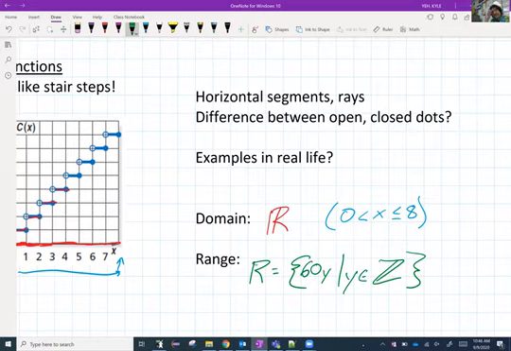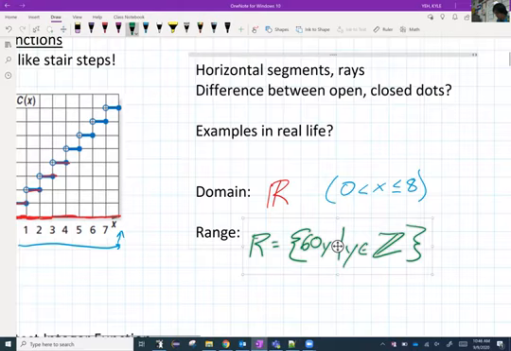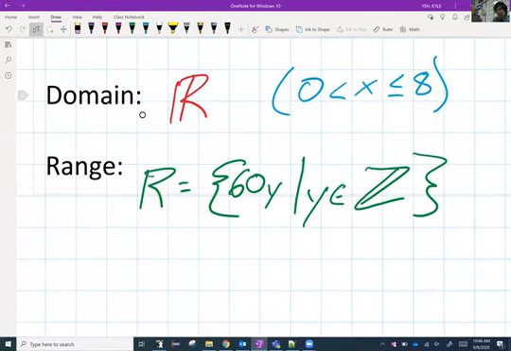Okay, parsing this through, reminding you, because I know we haven't done a ton of set builder notation, just mentioned it a couple times. What this says is that the range is the set of anything we can get by multiplying 60 times y, where y is any element that is an integer, that is a whole number. Again, this is assuming that the graph keeps going up and down forever.